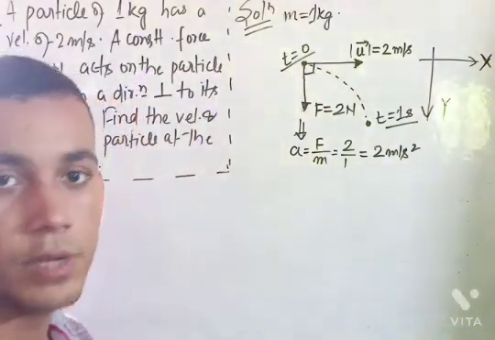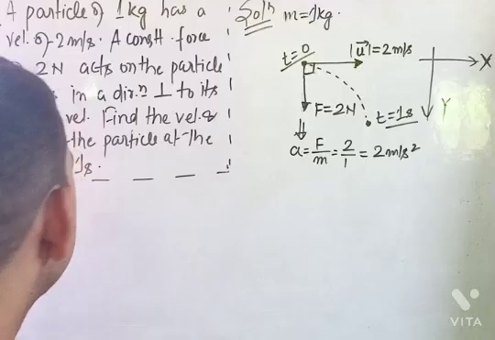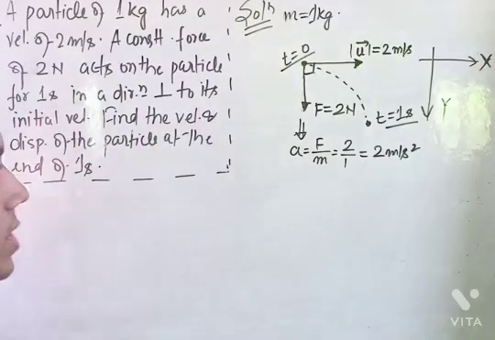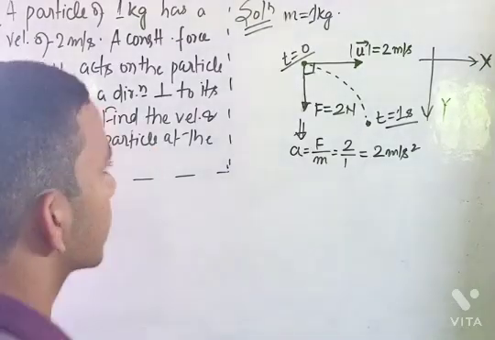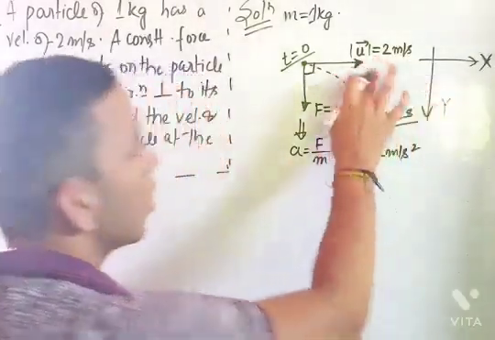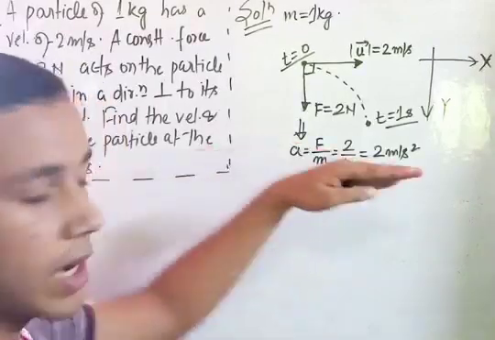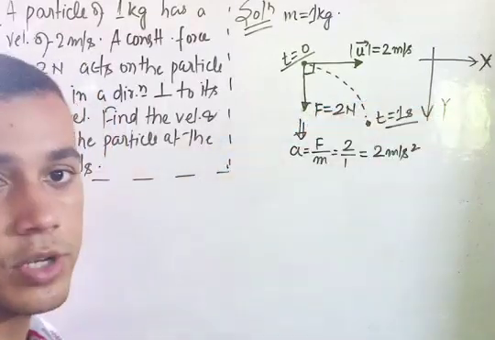So we can apply equations of uniformly accelerated motion in both x direction as well as y direction. Let's first find the velocity of the particle at time t is equal to 1 second. Now in this direction the velocity will always be 2 meter per second, since there is no force, its velocity in the x direction is going to be constant.